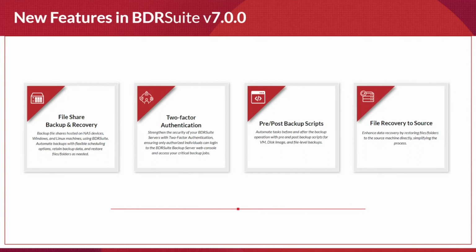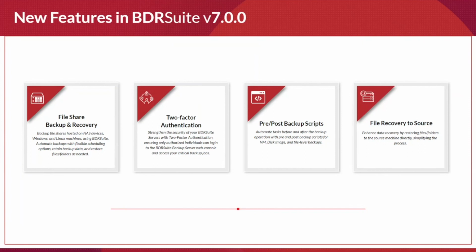Before you take a backup, you can scan through the files and folders that you have, or the complete image of what you're going to take, or the complete machine. You can just have a scan of it, and then you take a backup. And after your backup is done, you can again scan it when it is getting stored in the storage repository. So the pre and post backup script helps you to automate this process.